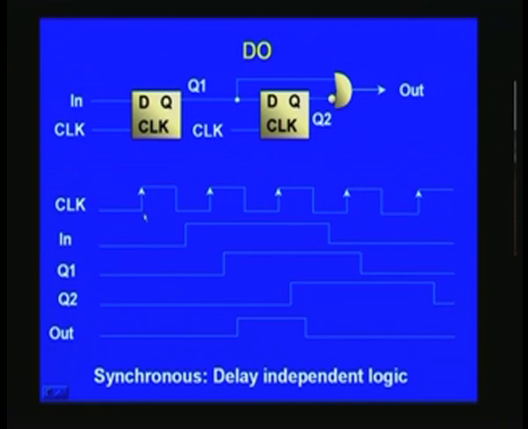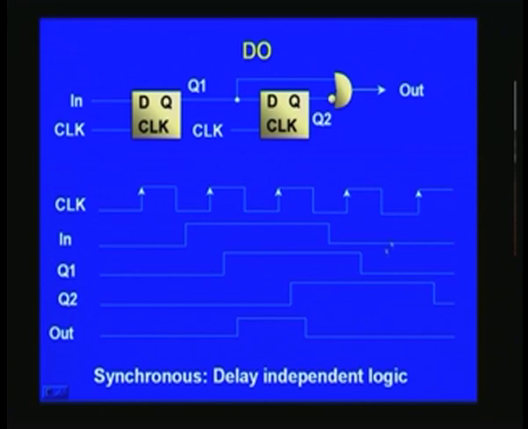rising edge clock is encountered here at this point of time, in is 0. So, naturally the output is 0 here, and when it is subsequently 1 here, this will be registered only at the positive edge of the clock. That should have happened here, but owing to delay between the clock and the Q output, this is staggered a bit, it is delayed a bit, and otherwise this is nothing other than the input itself.